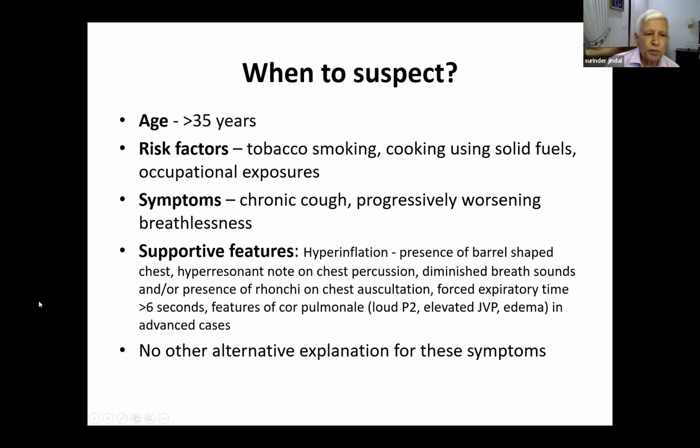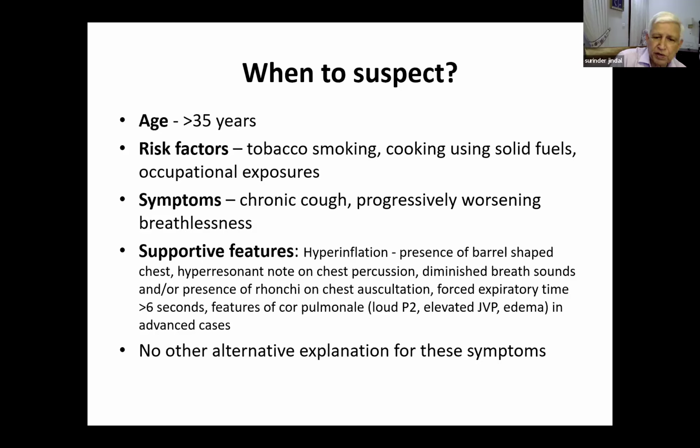So we suspect COPD whenever the age is more than 35 years, risk factors are present, symptoms are present, and then there are supportive features like hyperinflation of the chest, a barrel-shaped chest. This may not be a common finding these days because it is usually seen in the later stages of the illness.